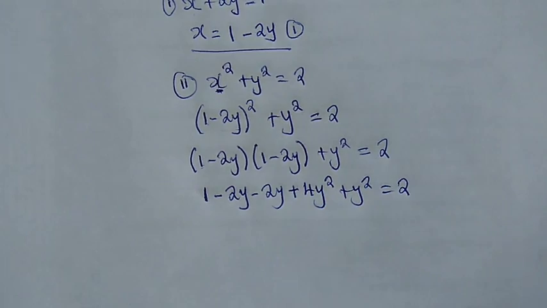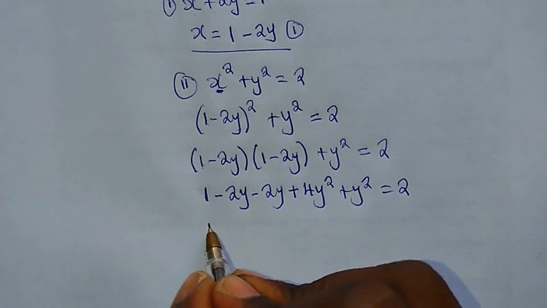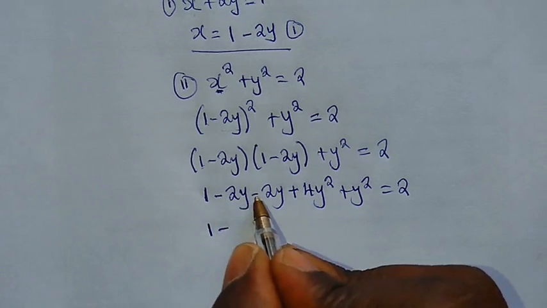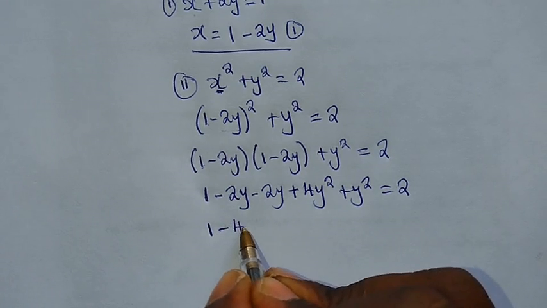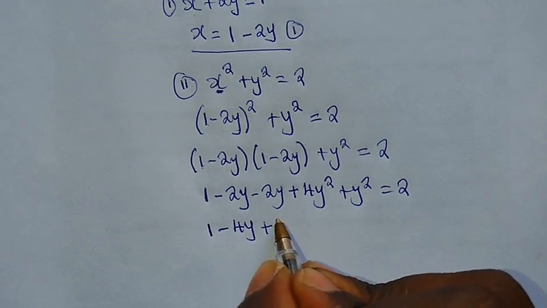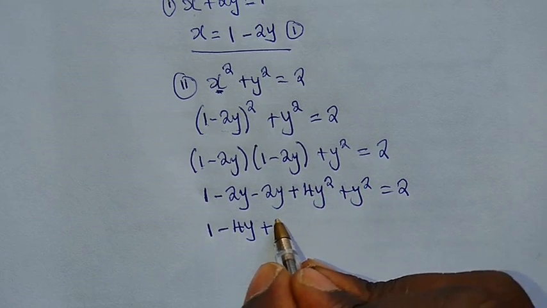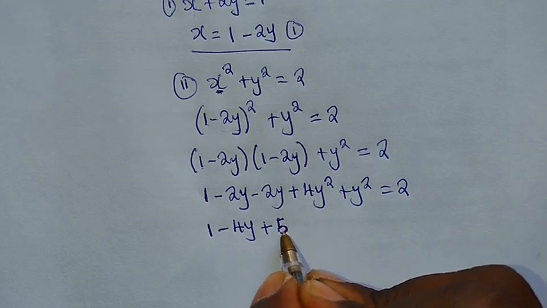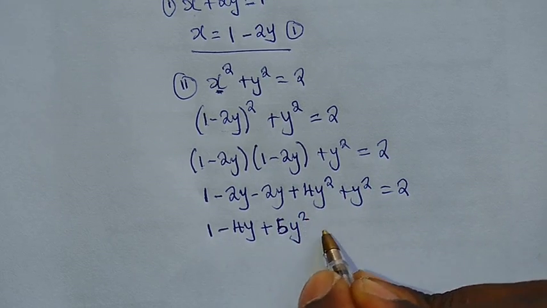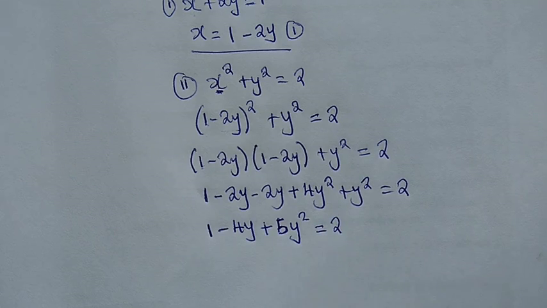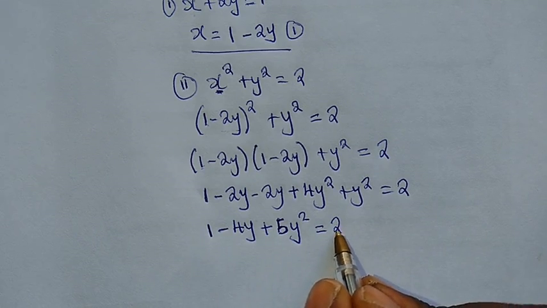2. Alright, so from here we continue, say 1, negative 2y minus 2y to be negative 4y. Then plus 4y squared plus y squared, this will be a 5y squared is equal to 2. Okay, so from here we can get these 2 to come this side.